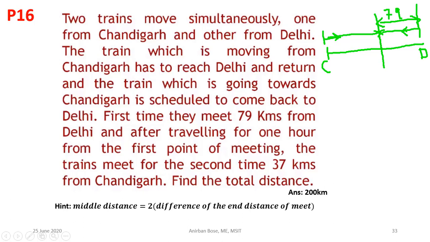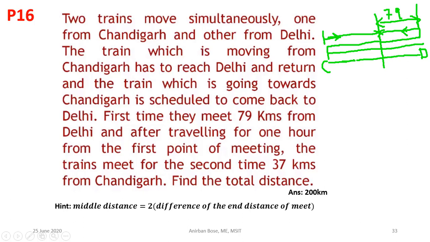Then this train keeps on moving, comes to Chandigarh, again returns, and the other train also goes in that direction and returns.